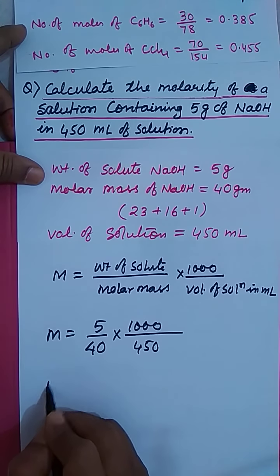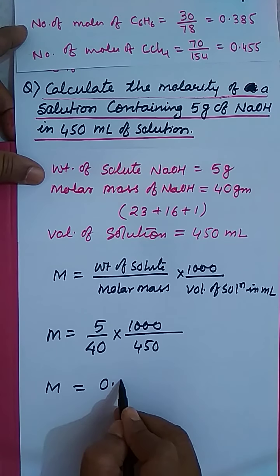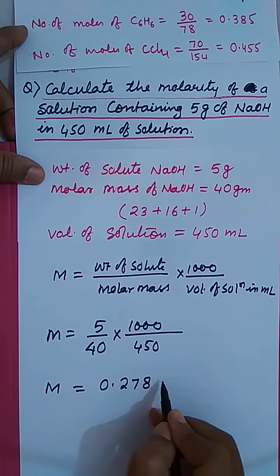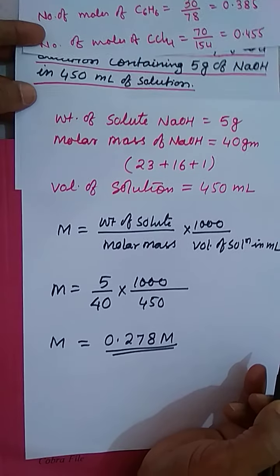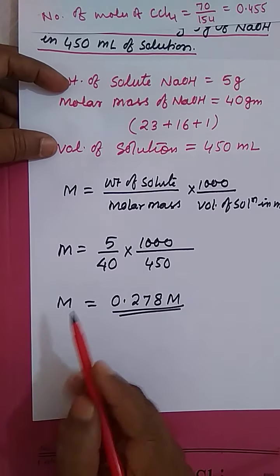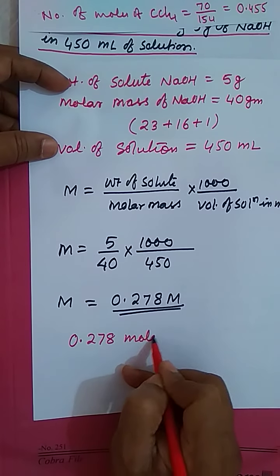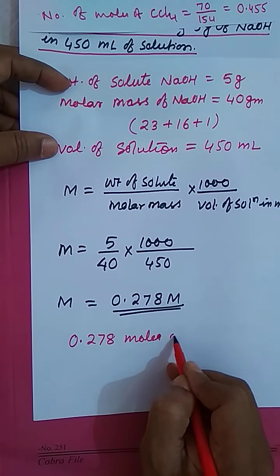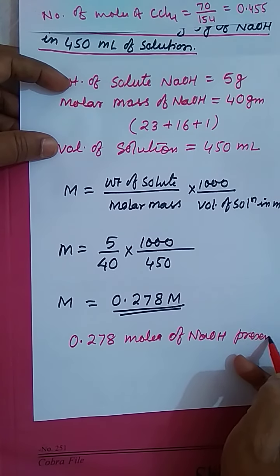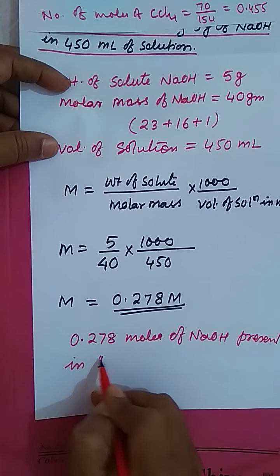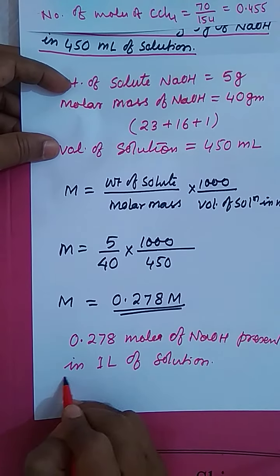Now you can calculate it and it will come 0.278 M. Its molarity is this one. That means its significance is that 0.278 mole of NaOH is present in 1 liter of solution, right?